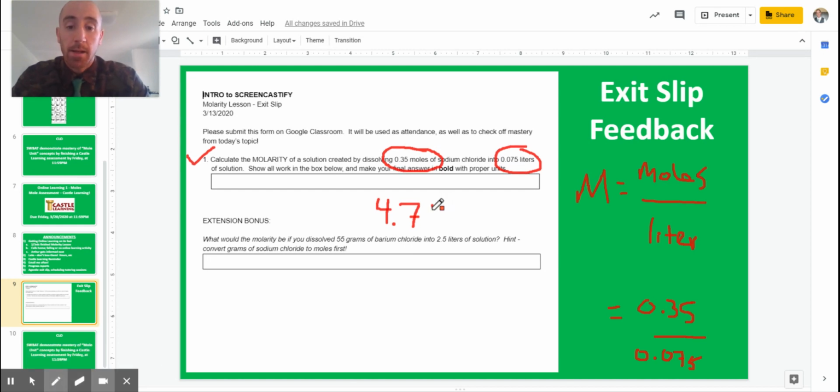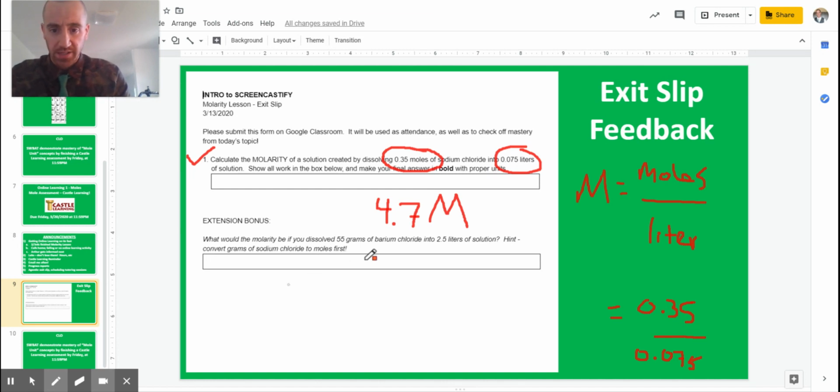You could write moles per liter like this, MOL all over a capital L for liters. Or what I recommend, the unit for molarity is simply a capital M. So your final answer should be 4.7 with a big M. That's 4.7 molar. That's the solution that is 4.7 molar. Okay? Okay, last one is a bonus.